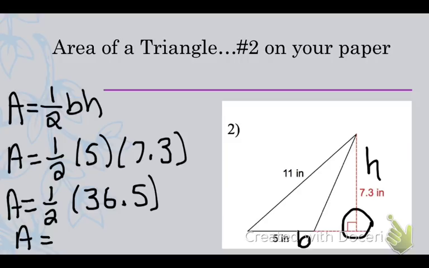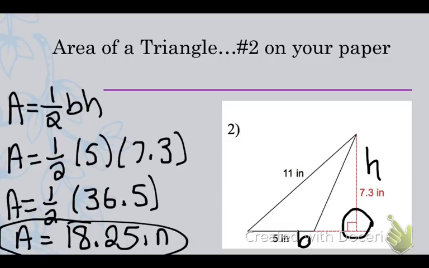A equals 18.25 inches. If you want to get to the logistics about why we divide by half, it's because a triangle is basically half of a parallelogram. So that's why it's half base times height.